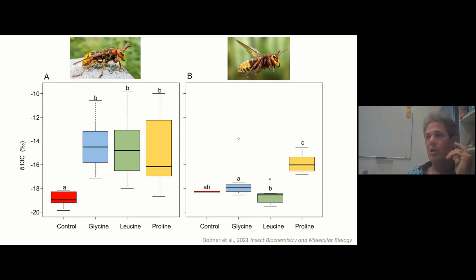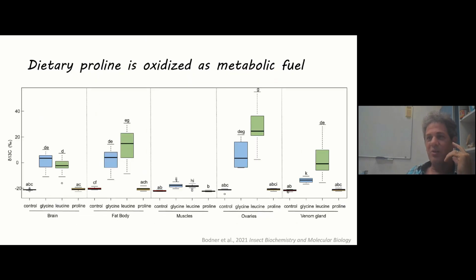Here you see on the left during rest, the oxidation of the amino acids, on the right during flight. So you can see that the 3 amino acids are oxidized during rest, but during flight, only proline is oxidized at a very high rate in this hornet. And when we test in their tissue later, we see that there is no incorporation of proline at all into this tissue, only incorporation of the leucine and the glycine into the tissues in every tissue that we test.